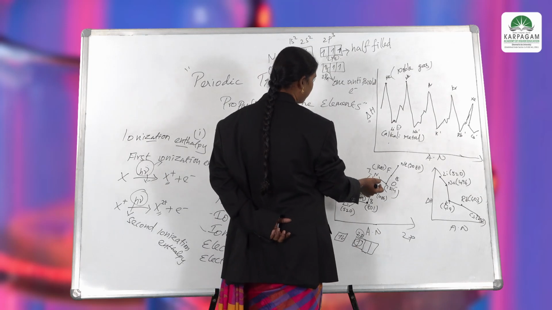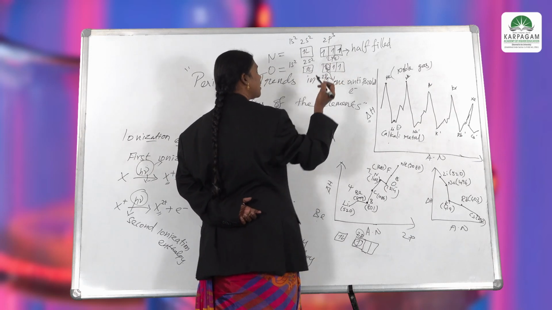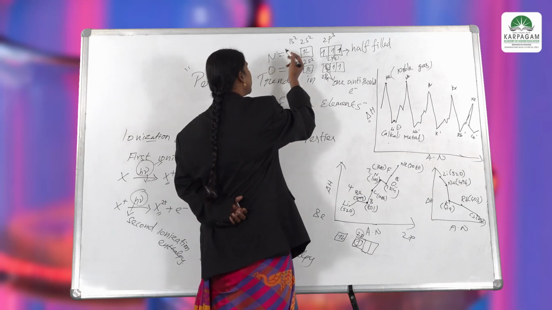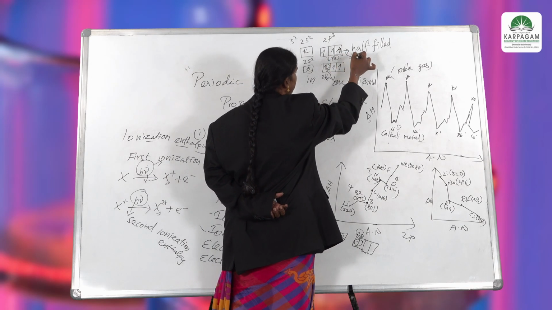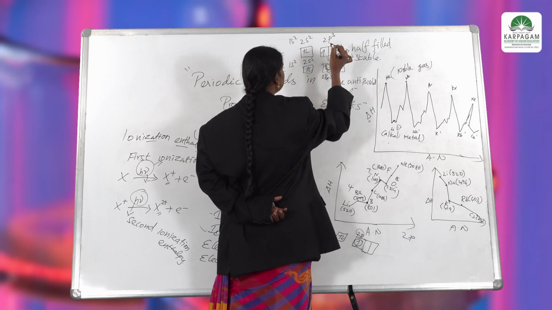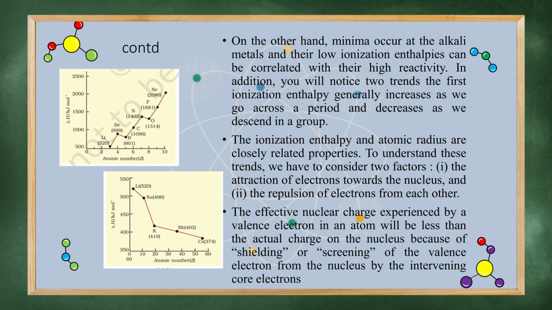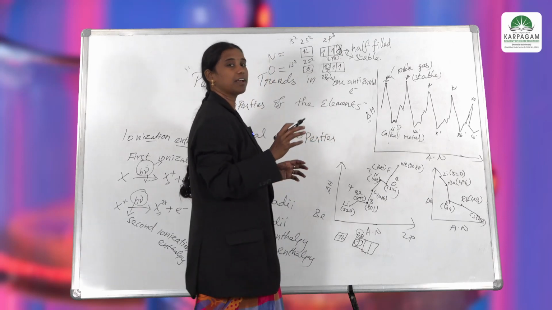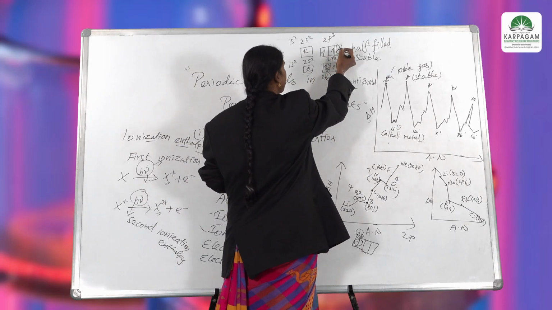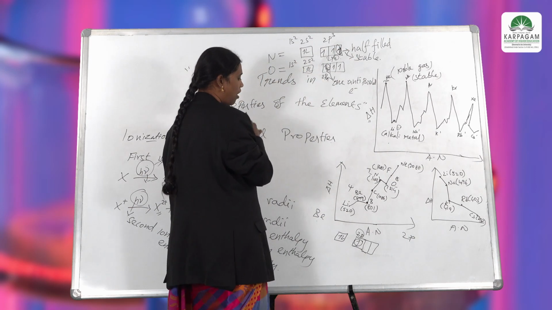That's why nitrogen has higher ionization enthalpy than oxygen, because this anti-parallel electron is easily removable, while the nitrogen half-filled state is a stable state, almost like the stable noble gas configuration. So removing one electron from it is more difficult compared to oxygen.